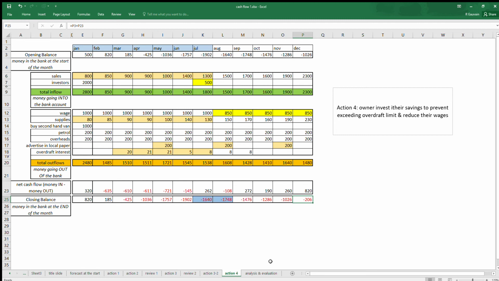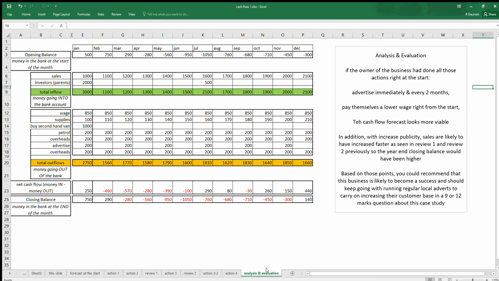However, if you think in terms of providing an analysis or an evaluation in a 9 or 12 mark question for your GCSE, from these figures you could make the point that if the owner of a business had made those decisions right from the start of paying themselves a bit less, together with right from the first month running some adverts in the local paper.